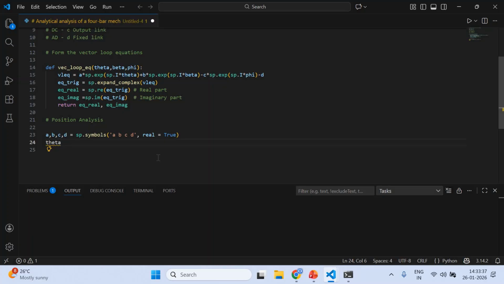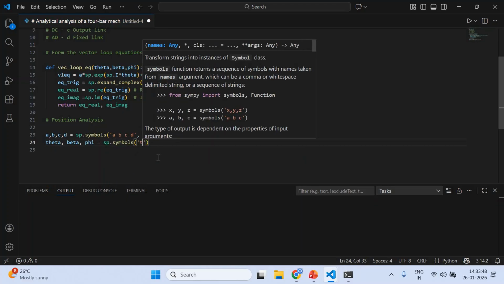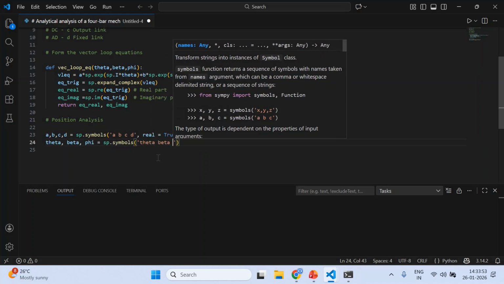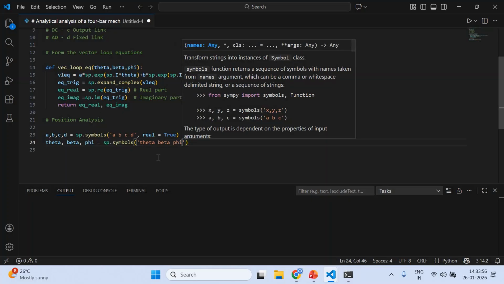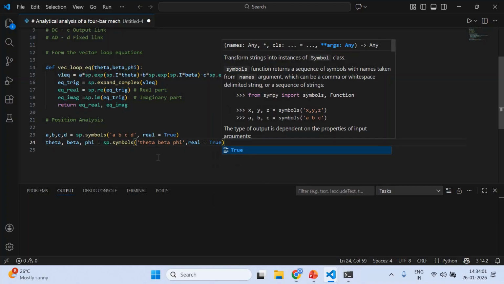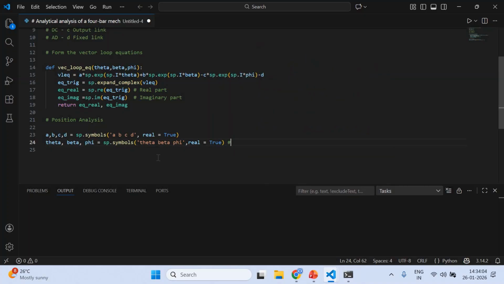So we will say theta, beta, phi is equal to sp.symbols again, and then here you have theta, beta, phi, and again we will declare that these are real numbers. Let me write it down here: define angles as symbols and real numbers.